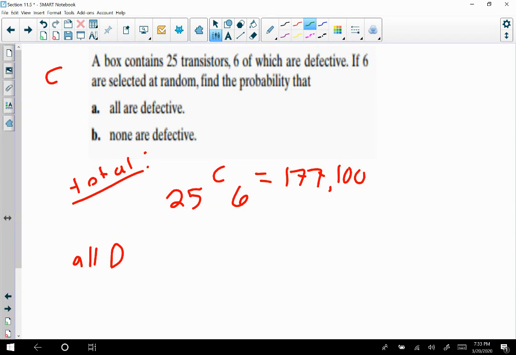If you focus in on nothing but the defectives, how many defectives do I have? I have 6. And I want to choose how many of them again? 6. Because we're talking about nothing but defectives, that's what we focus on. This is just like the mega ball we had a moment ago.